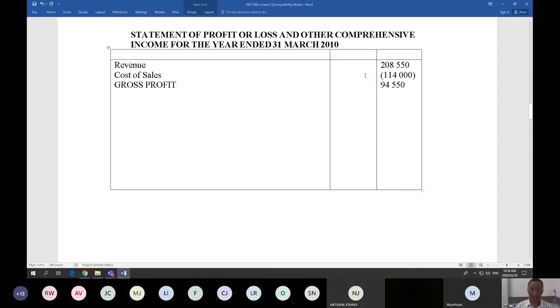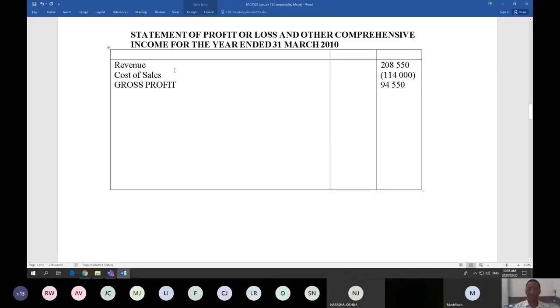Revenue minus cost of sales. Remember, normally you can have under revenue, that revenue is sales minus sales returns minus settlement discount granted. But in this question, there was no sales returns and there was no settlement discount granted. Your cost of sales, you can have cost of sales minus settlement discount received.